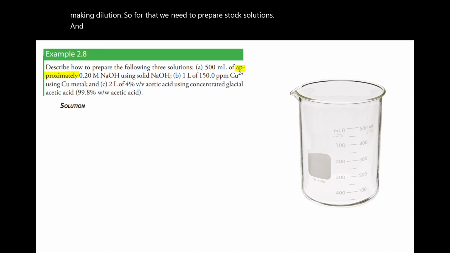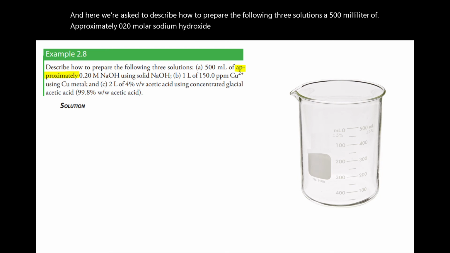Here we're asked to describe how to prepare the following 3 solutions. First, 500 milliliters of approximately 0.20 molar sodium hydroxide using solid sodium hydroxide. Sodium hydroxide is solid, of course, and you notice that it's approximately 0.2 molar.